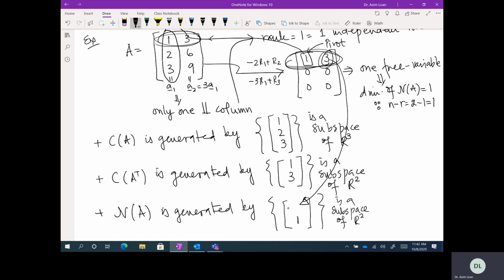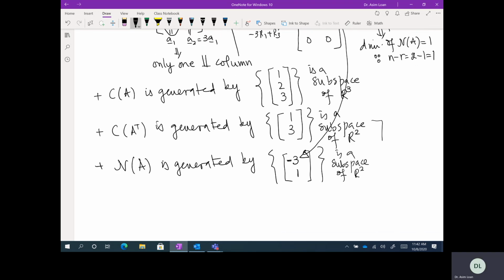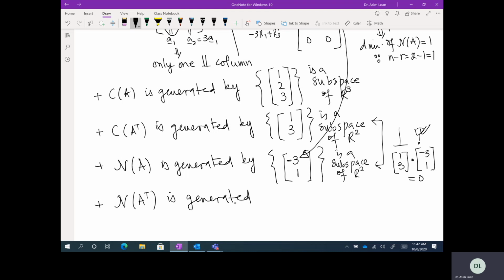Since it's on the left of the equal sign, this becomes a minus 3 over here. Now whether these two are orthogonal or not, obviously these are orthogonal because 1 and 3 dot product with minus 3 and 1 equals 0. So this is orthogonal.